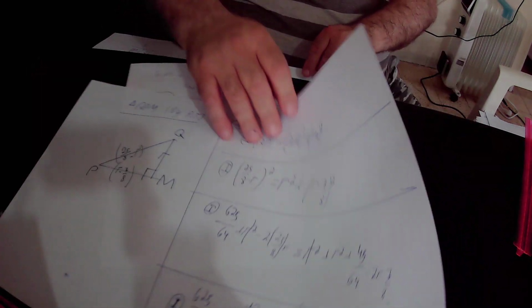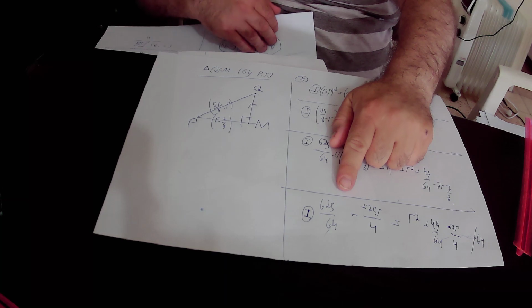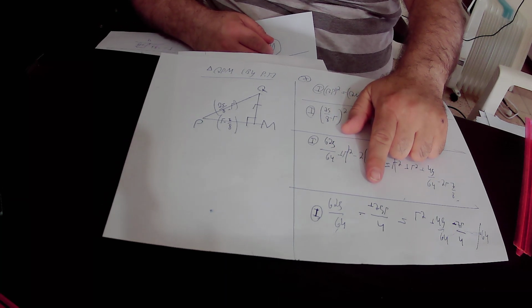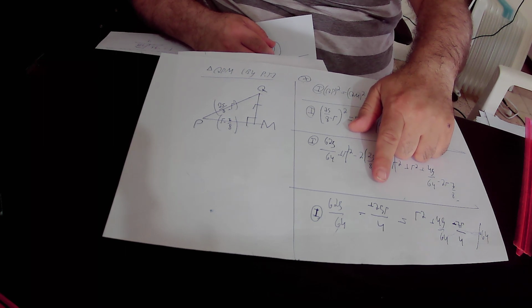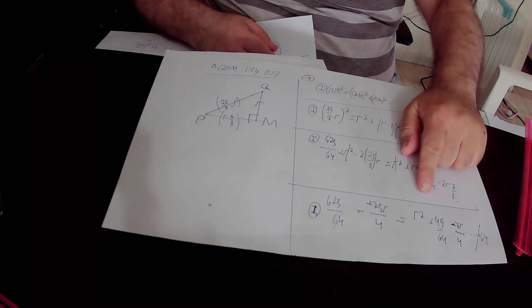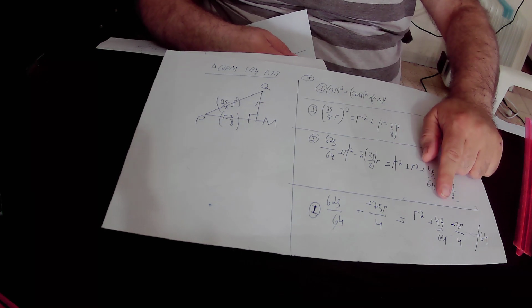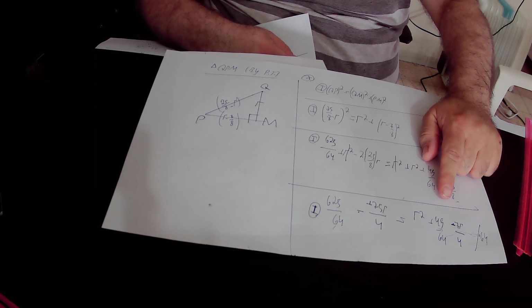And here 625 times 64 over 64 is 625. And here we have 64 times minus 25r over 4, and 64 over 4 is 16, so in conclusion, this expression equals minus 16 times 25r after we multiply it by 64. 64 times r squared is 64r squared. 64 times 49 over 64 equals 49.